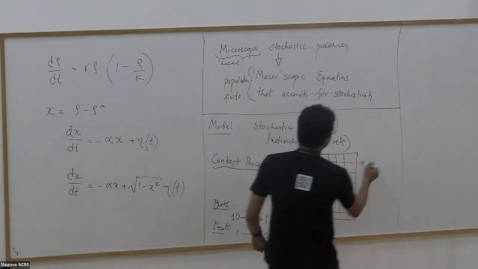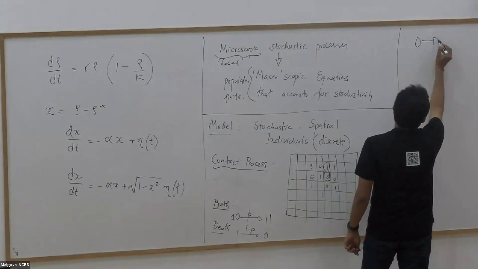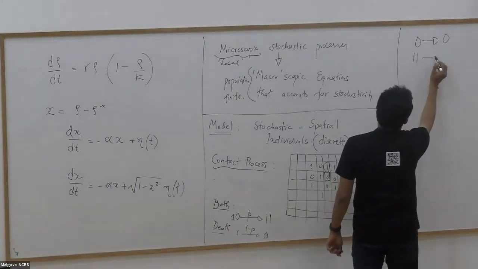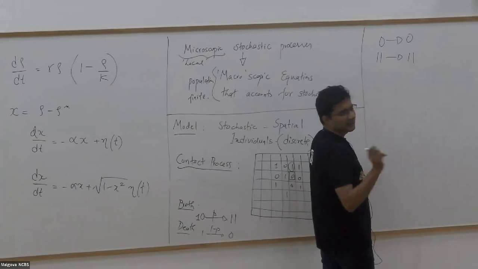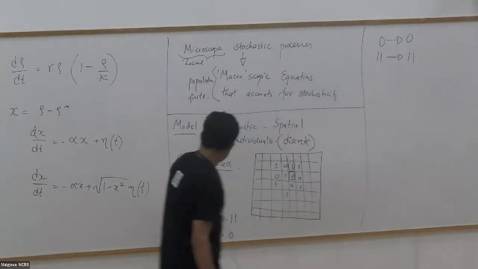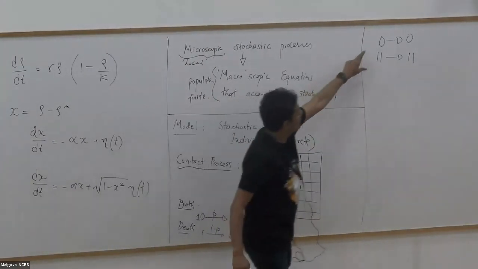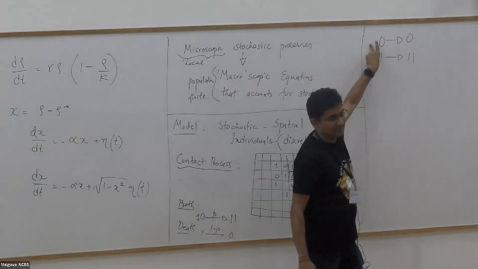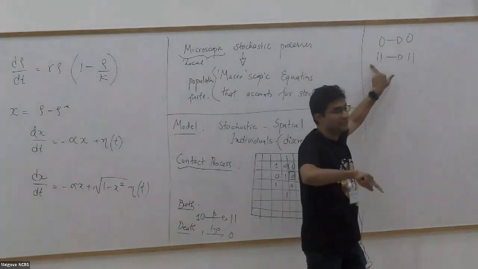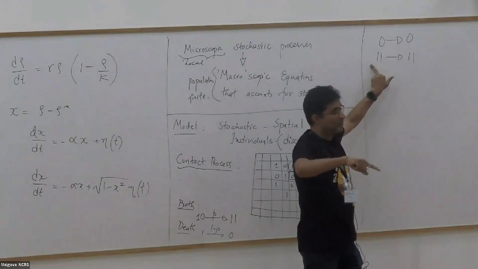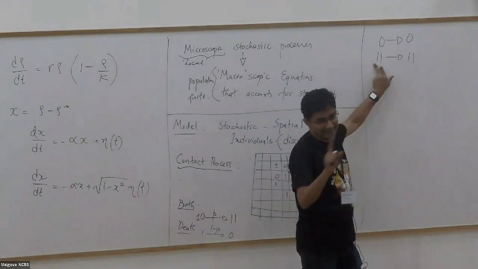So these are all the scenarios. 0 remains 0. 1, 1 remains 1, 1. These two are the scenarios where nothing happens. So if I pick 0, nothing happens. If I choose the reproduction, but if I pick 1, 1, nothing happens again.